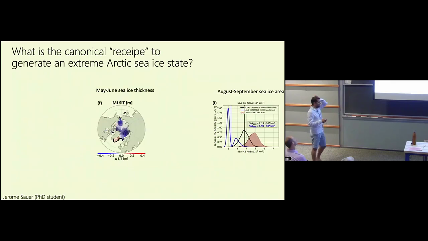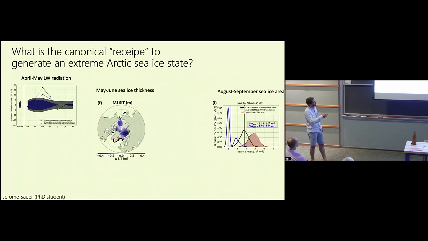And so we found first, and that was not a big surprise, because there's been much literature on that, sea ice thickness anomalies are a strong preconditioner to generate those sea ice extremes, especially in May-June. So that was half of a surprise because it's been reported before.